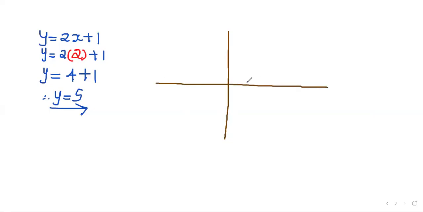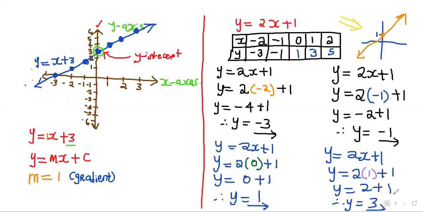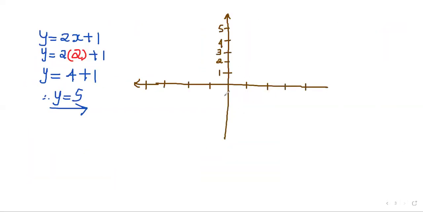And then here we know that that is 1, 2, 3, 4. 1, 2, 3, 4, 5.